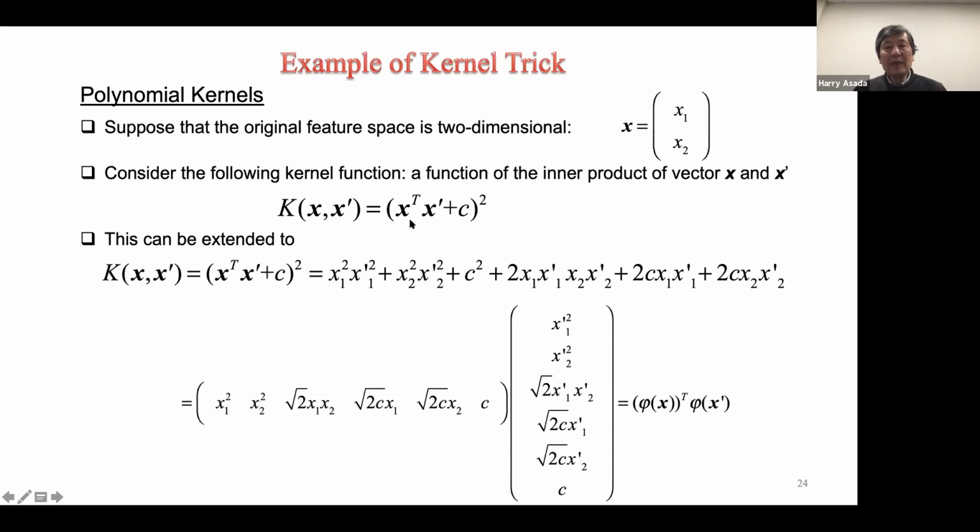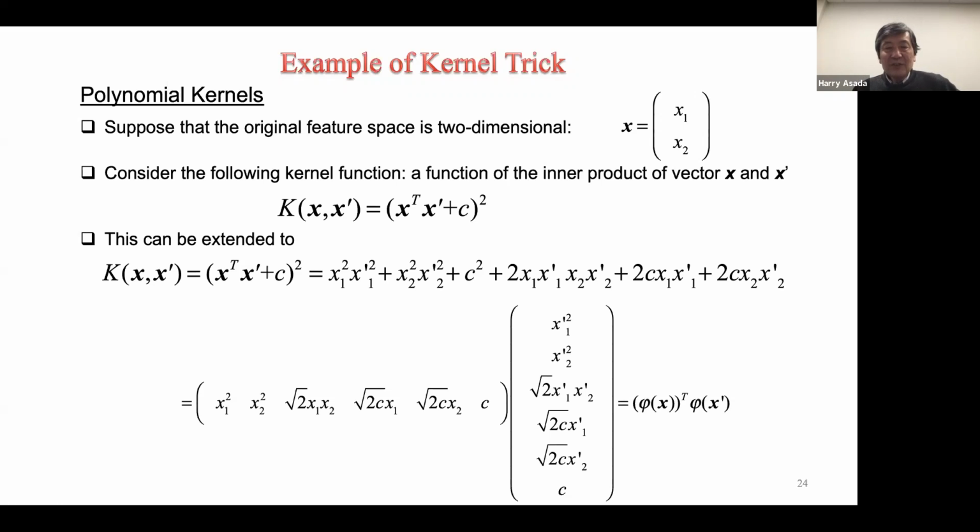Here what you have is the inner product of vector x and x prime, which is a scalar quantity, plus some constant, let's say c, and then take a square of that. So we look at the situation where the kernel function is given by this expression.